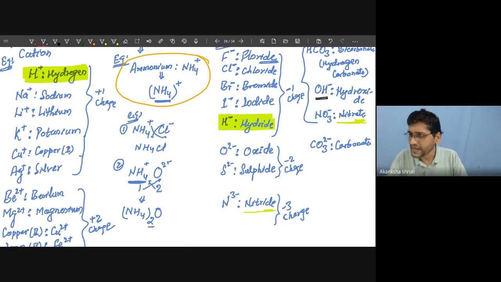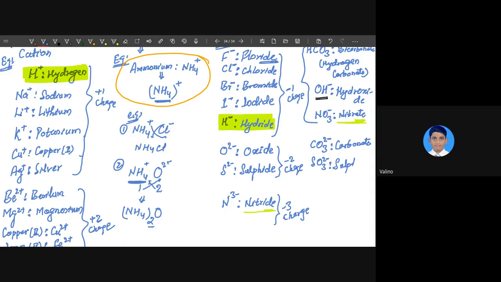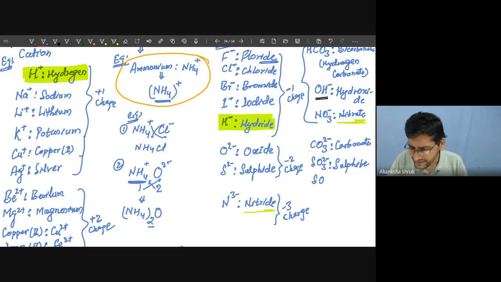This thing you have to mug up, and you have to write this table as homework. If you have sulfur with oxygen as 3 atoms, then it also carries 2 unit negative charge. It is called sulfite. If this sulfur combines with 4 oxygen, it still carries 2 unit negative charge.